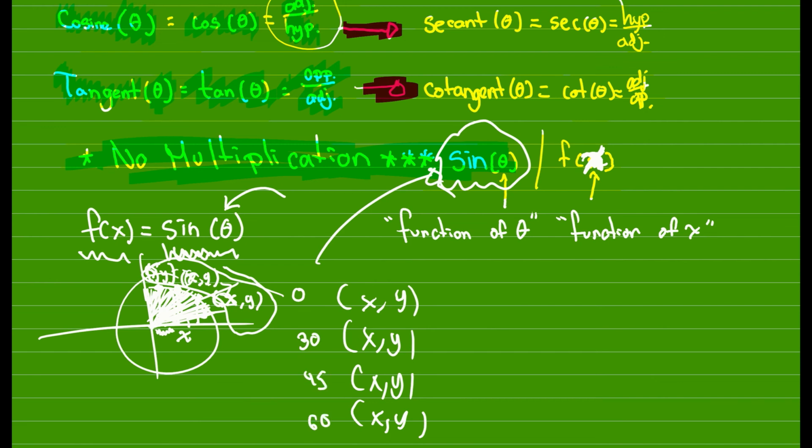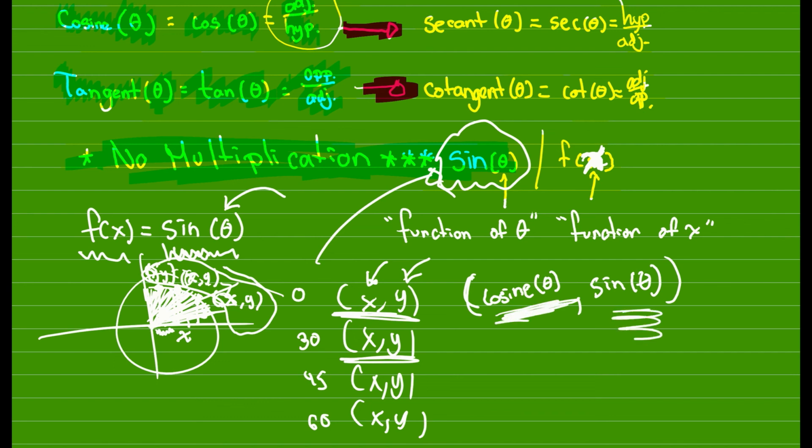And then we say, hey, all these x values, let's just call them cosines. All right, cosine of whatever angle. And all these y values, let's just call them sine of whatever that angle was. So each of these x, y coordinate values translates into a trigonometric value for cosine of theta and sine of theta.